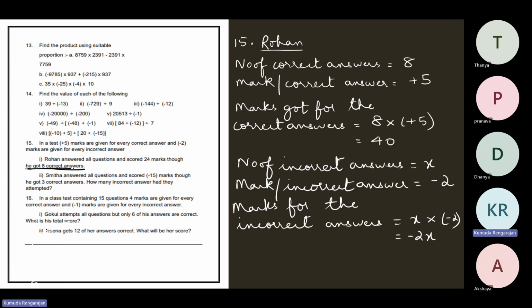Rohan got 8 correct answers. So he's answered 8 questions correctly. How many questions has he answered incorrectly? That is not given. That's why we've taken that as X.